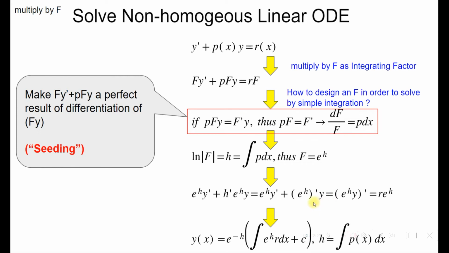Then you can reorganize the expression, and so you get this expression, and by integrating both sides of this expression and reshuffling the term, e to the power of h, to the right side of the expression, thus you get y of x.